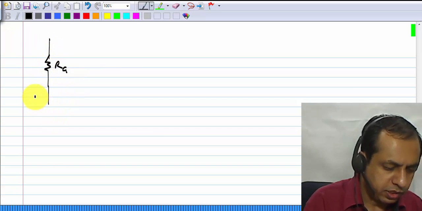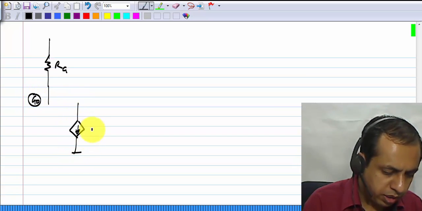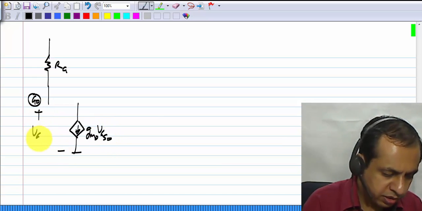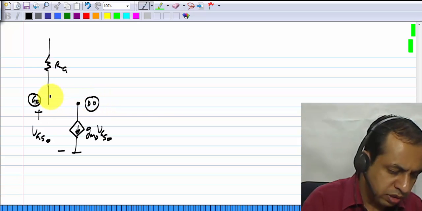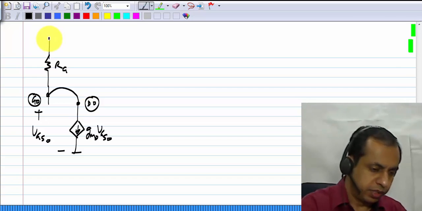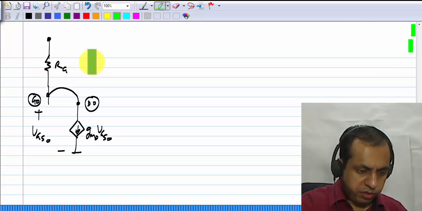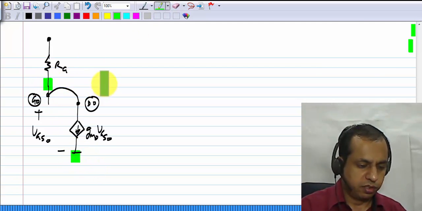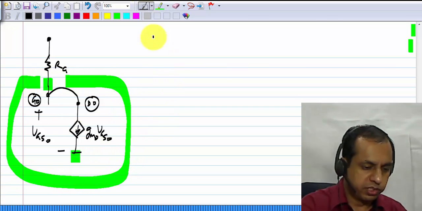What we have is RG connected to the gate of M0, and we have GM0 VGS0, where this is VGS0, and we have the drain and gate connected together. So between this point and ground, it's a 2-terminal device, and that can be analyzed by itself.